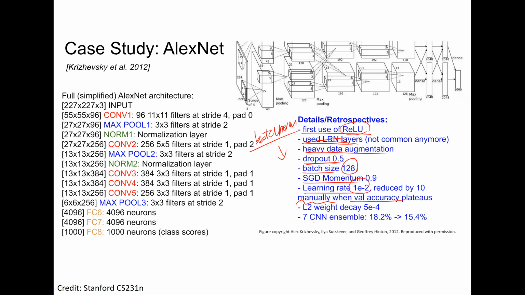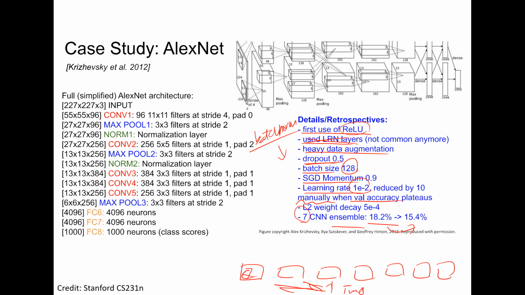And they also used an ensemble of 7 CNNs. And by using 7 CNNs as an ensemble, the accuracy improved like this. So what is an ensemble? They train 7 separate CNNs. And each image goes through all these networks. And these networks might give different answers.